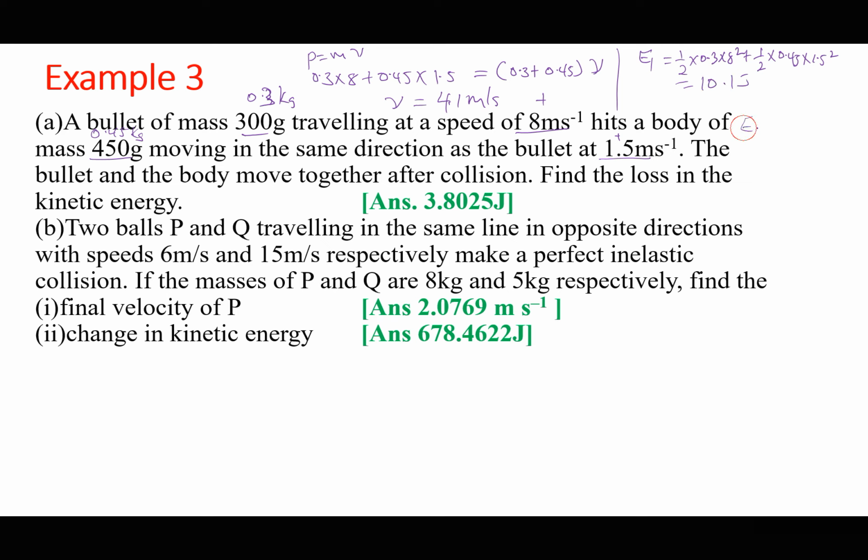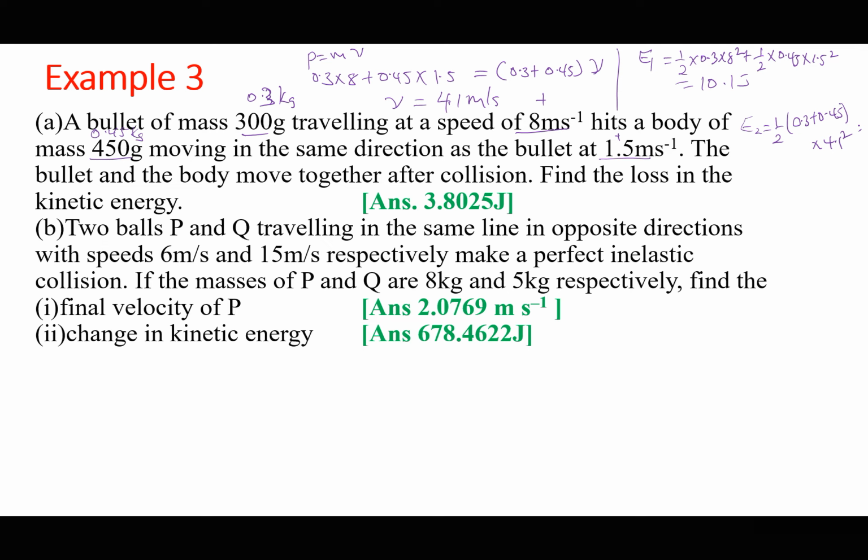Then the kinetic energy after the collision is going to be a half into the total mass, which is 0.3 plus 0.45, times v squared.